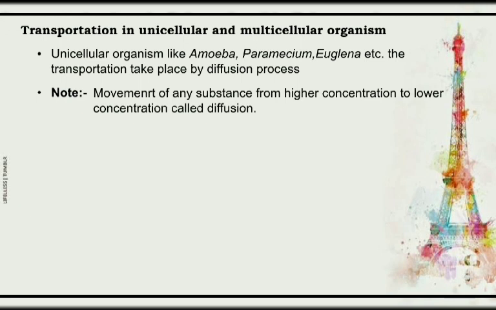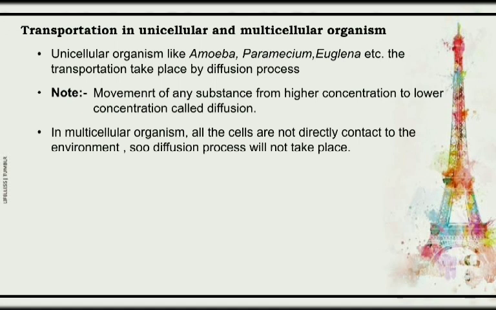In a unicellular organism there is only one cell, and that cell is in direct contact with the environment, so it can easily exchange all the components from the environment, but not us. In a multicellular organism, all the cells are not in direct contact with the environment, so the diffusion process will not take place. This question will come in the examination.